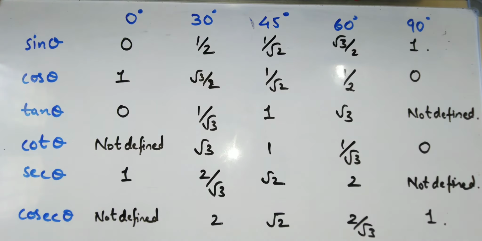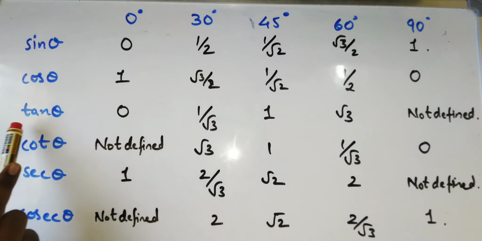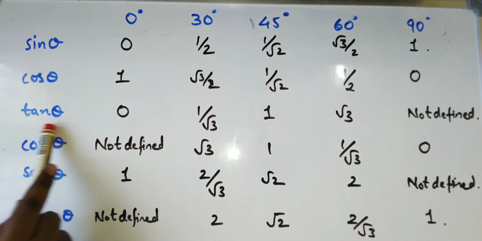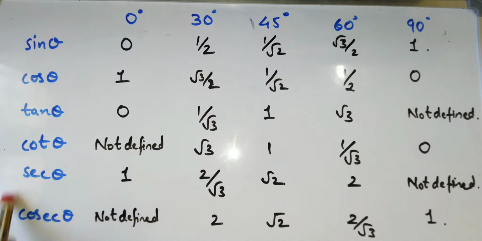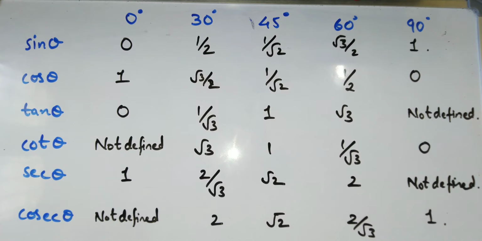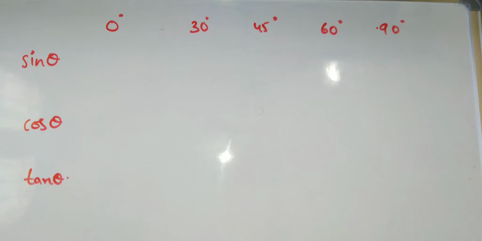As we know, sin reciprocal will be cosecant, cos reciprocal will be secant, and tan reciprocal will be cot. So if you have these three trigonometric ratios' values, that means the standard angle values, then it's easy to write all these. So you need to remember only these three. How to do that, I'll tell you. So guys, let us see how to write this.